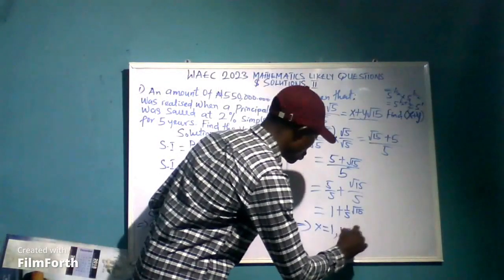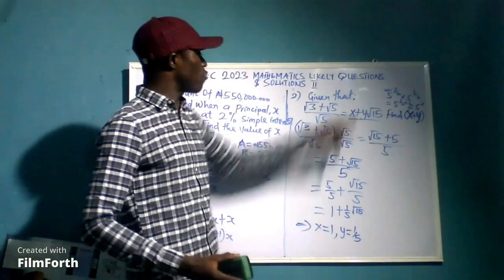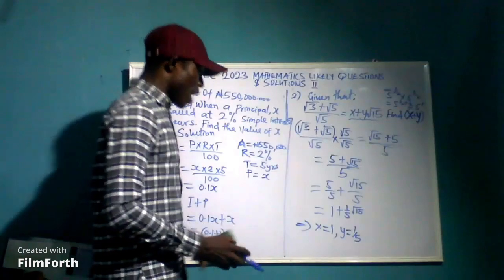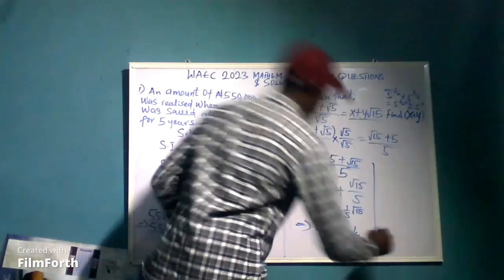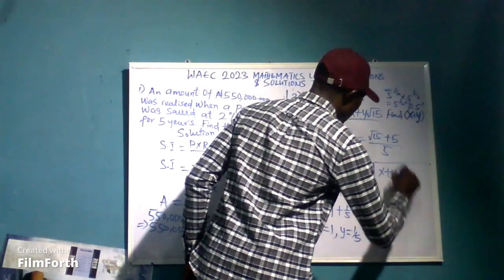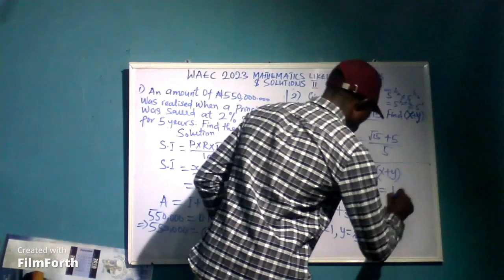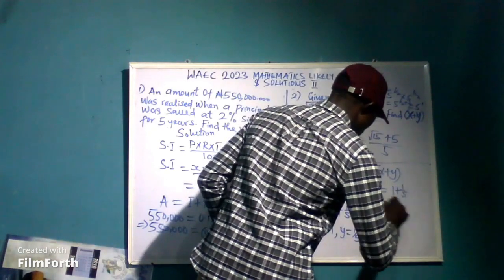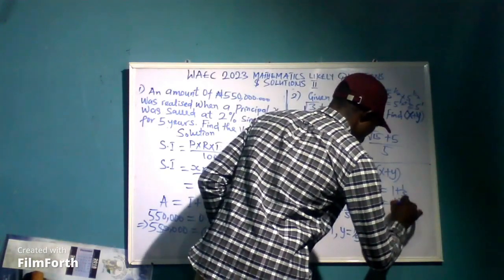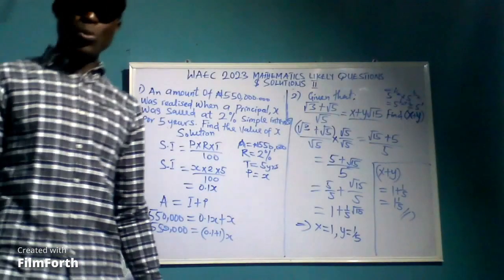With this comparison, x plus y is equal to 1 plus 1 all over 5. So, can you see how simple it is?